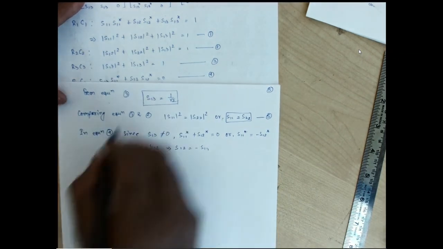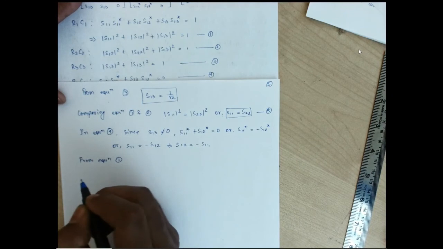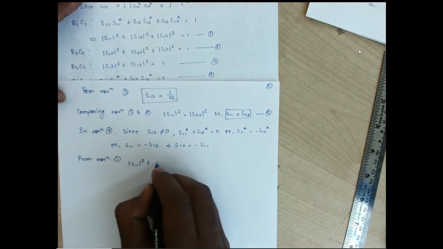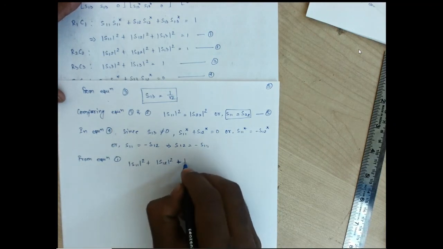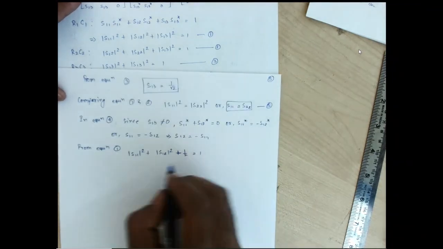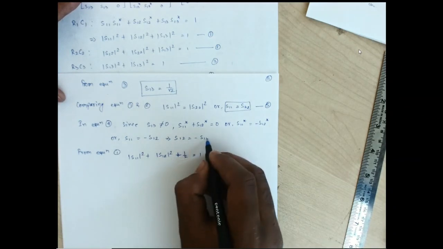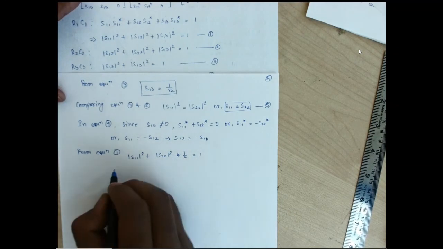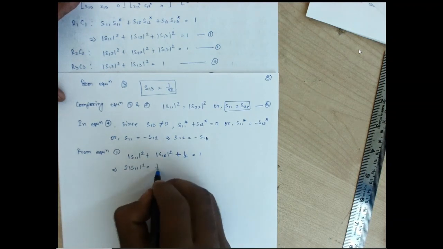Now from equation 1, we have S13. If we put S13, then we can write mod of S11 squared plus mod of S12 squared plus half equals 1. Since S11 equals minus S12, we can write 2 times mod of S11 squared equals half.